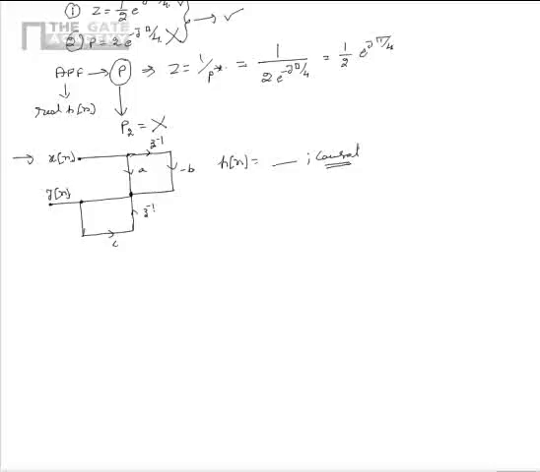From the given filter structure, we see that the intermediate output, that is marked as A of n, can be written as A of n is equal to a into x of n minus b into x of n minus 1.